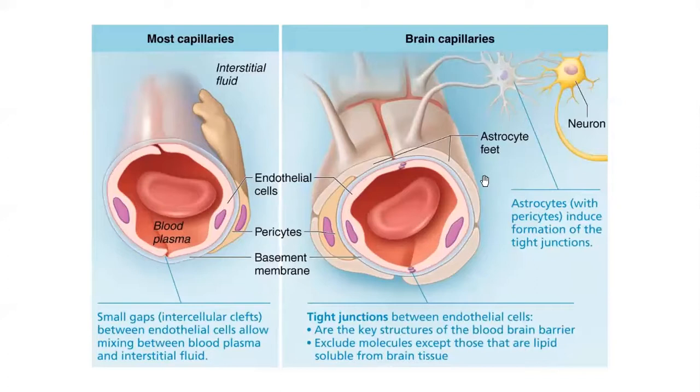Here, this astrocyte has created very tight junctions between the endothelial cells. So this is the key feature of this protective structure. Very tight junctions. And look at this. We've taken a look at astrocytes before. This is your astrocyte right here.